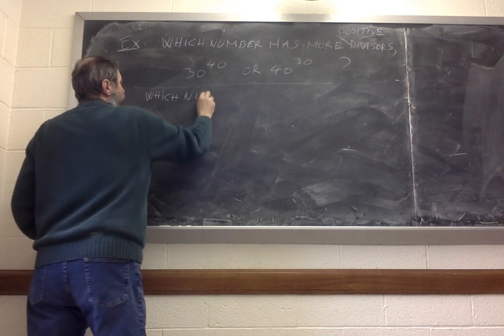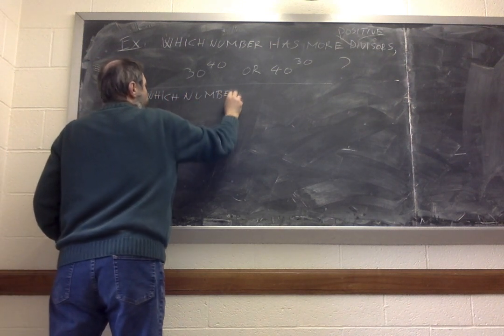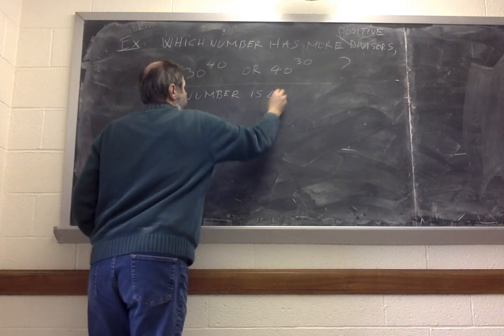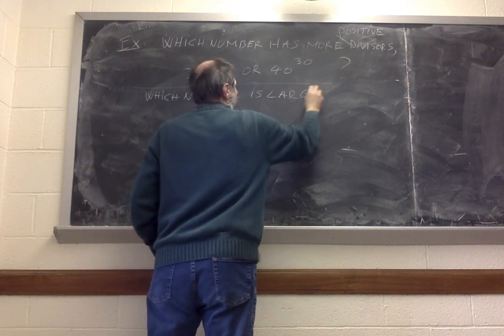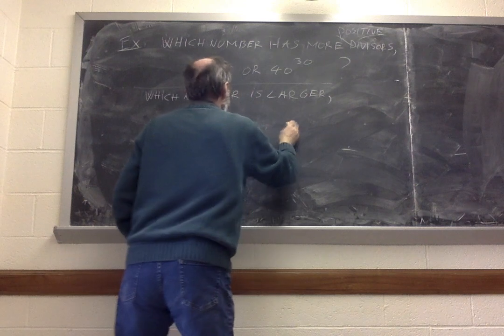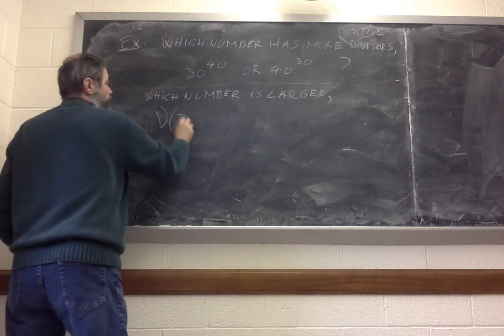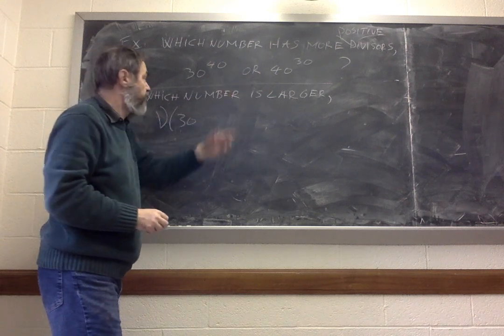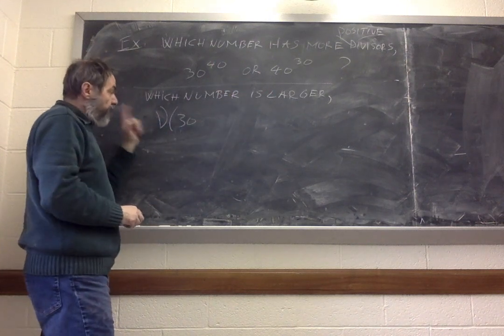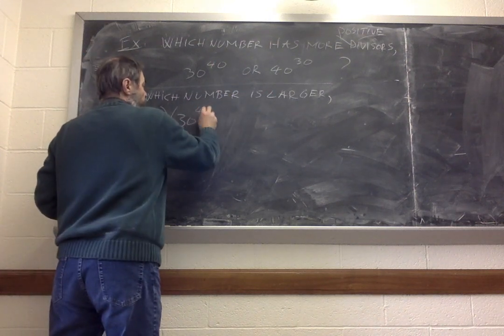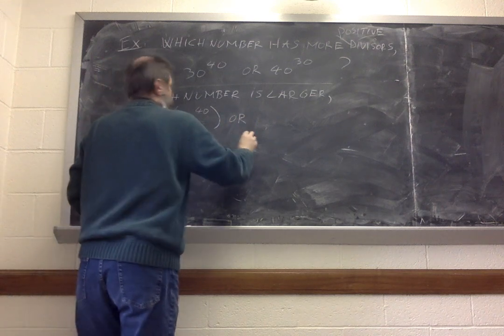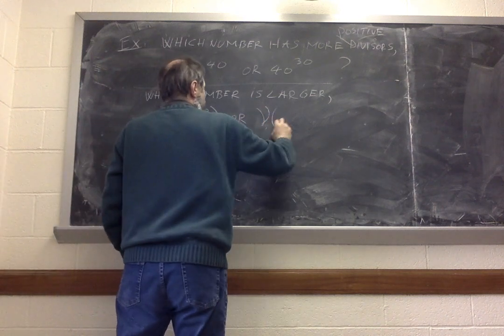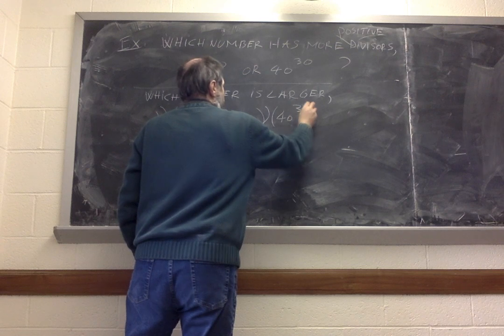Which number is larger? Not which of the two numbers is larger, 30 to the 40 or 40 to the 30. The number of divisors of 30 to the 40 or the number of divisors of 40 to the 30.